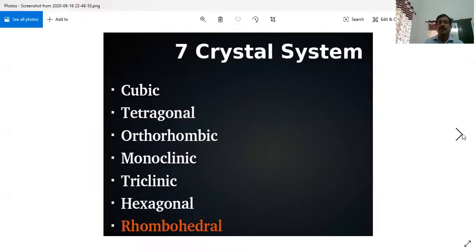But there are different types of unit cells. Based on the parameters a, b, c, alpha, beta, gamma, we can identify 7 basic crystal systems. They are cubic, tetragonal, orthorhombic, monoclinic, triclinic, hexagonal, and rhombohedral.